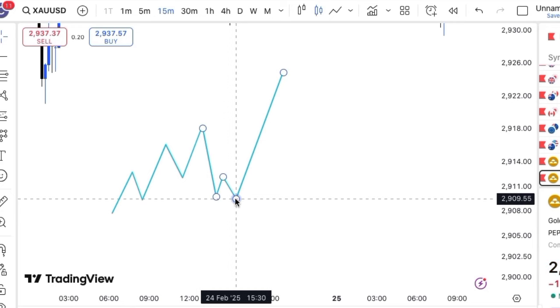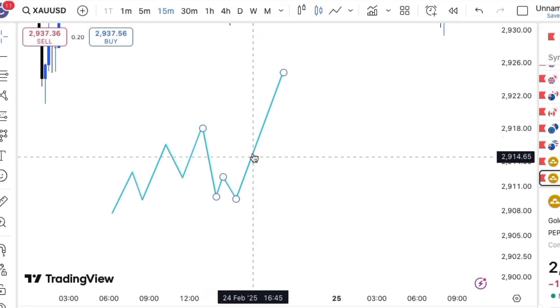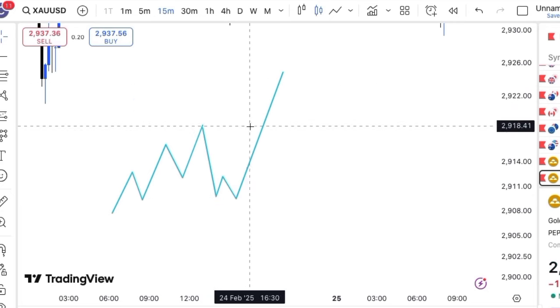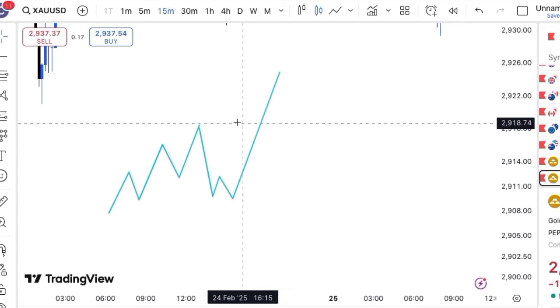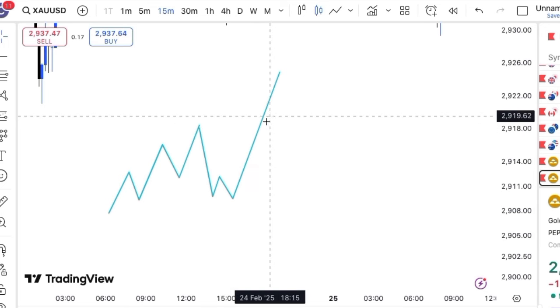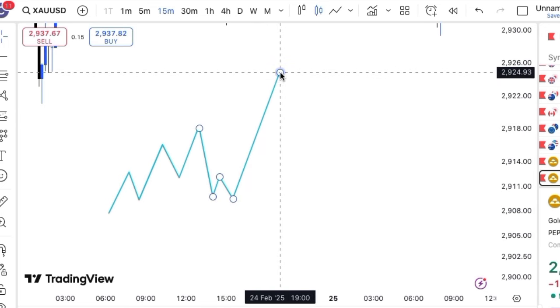You know. But eventually, after it has pushed down and melted back, and then it starts pushing up, then you target the next high. As soon as you break this next high, you take a profit on the next high, and then you reposition for the next move.